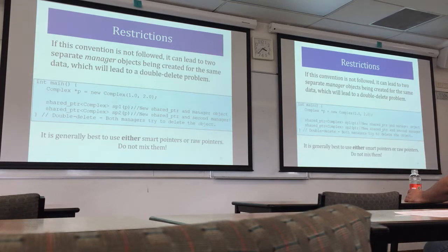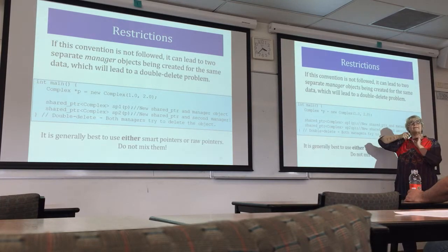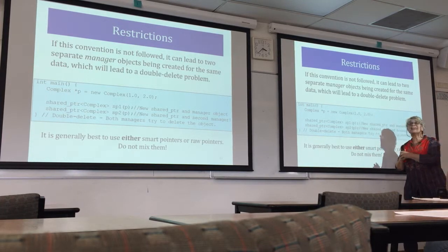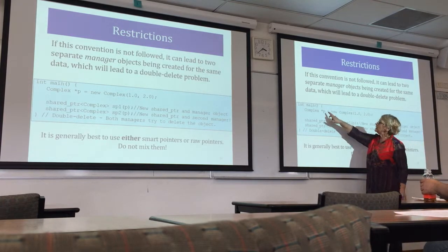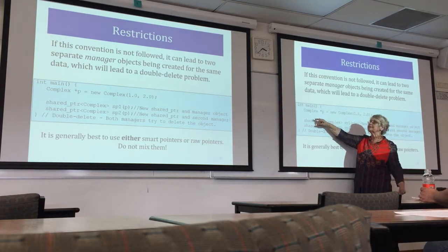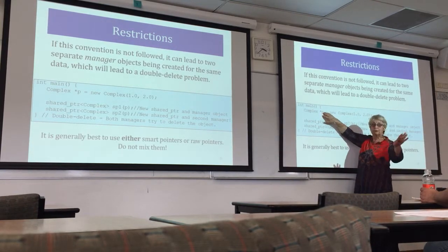So, in this example, we have code which violates the rule of having a single object manager for the managed object. Why? As you can see here, we have a simple raw pointer. P is constructed like a pointer to a complex. This is a C-type pointer.